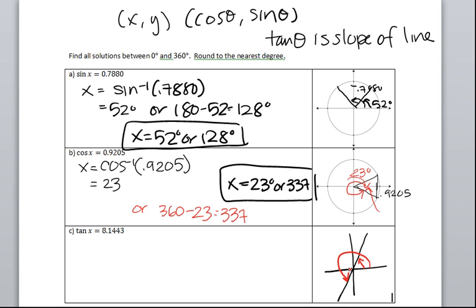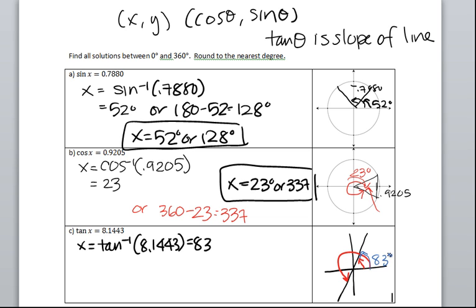The first thing that I'm going to do is type this into my calculator, and the reason we do that is because tangent is slope. So x is equal to inverse tangent of 8.1443, and my calculator tells me that that is 83 degrees. Well, the distance from here to here, that angle is 83 degrees.